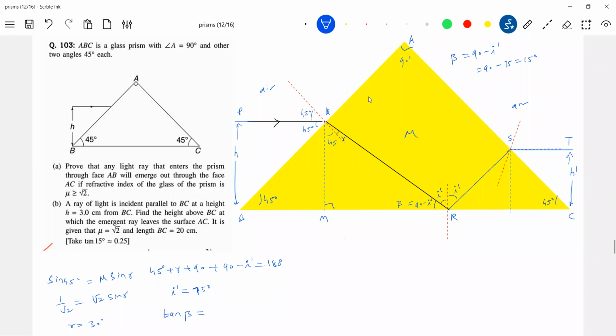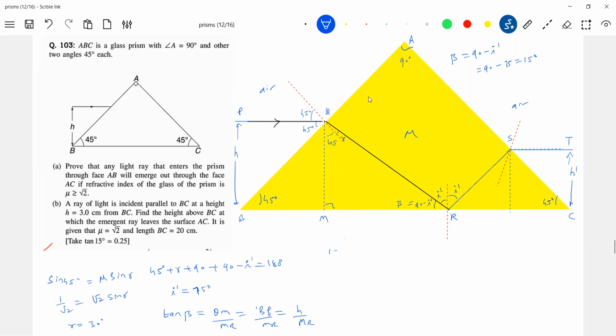Tan beta should be equal to QM by MR. QM is equal to BP. BP is what? H. We know tan 15 degrees, beta is 15 degrees. So from that equation, I'll get the value of MR. If I know MR, then since we know H, I can get the BQ. From BQ, I'll get the BM. Like that, I'll get the BR. After getting BR, I can easily calculate RC.